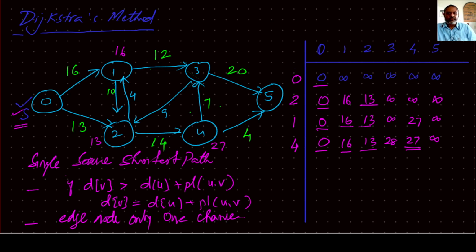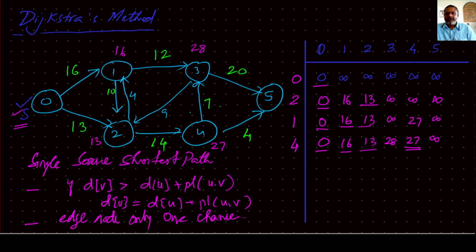From 4 we can go to 3, and from 4 we can go to 5. If from 4 you go to 3, that's 27 plus 7, which makes 34, whereas we have already reached node 3 in 28.